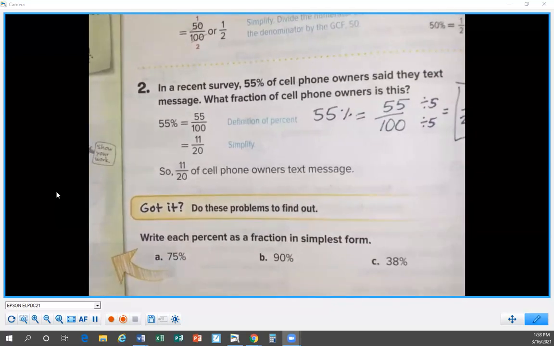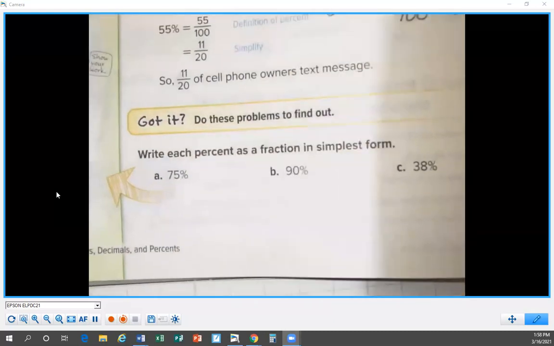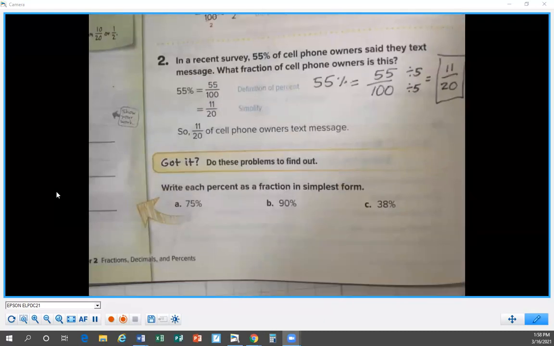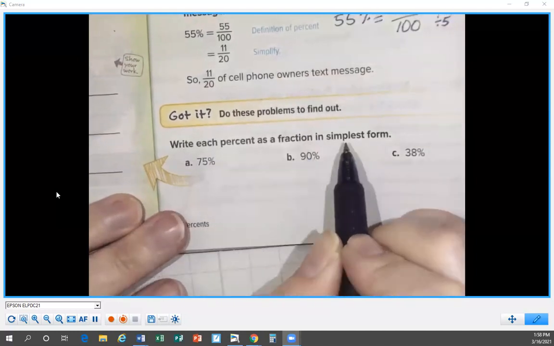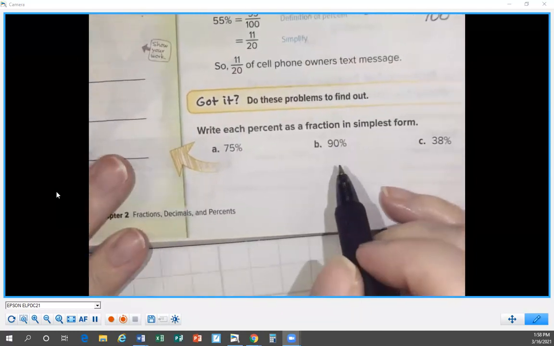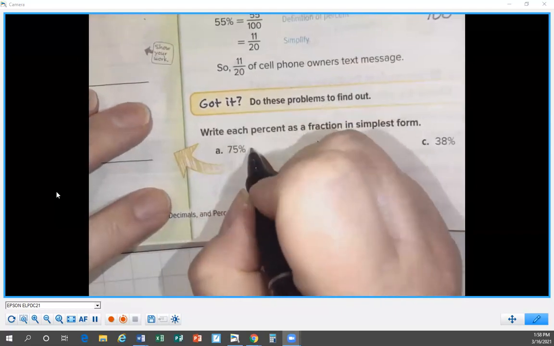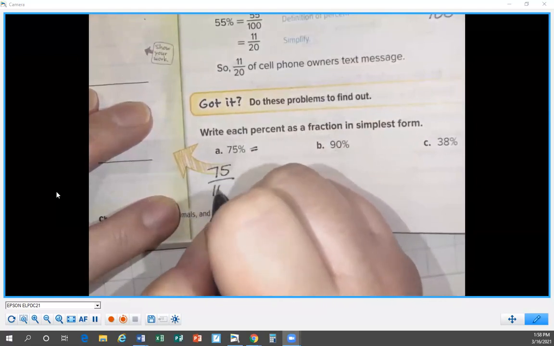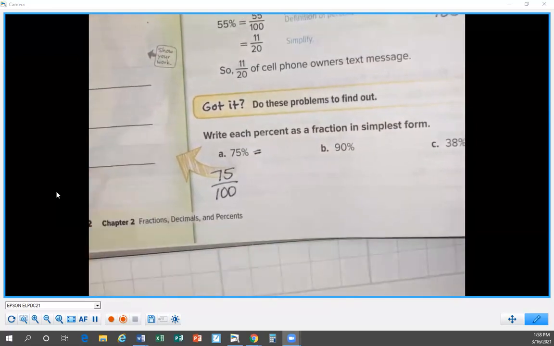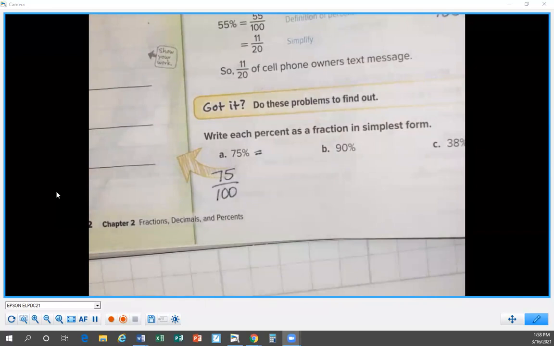Okay, let's do the same thing with Got It A, B, and C. Got It A: the directions are to write each percent as a fraction in simplest form. Let's start with A. 75% is the same thing as 75 per 100, because percent means per 100. So with 75 and 100, I can think of a number that they are both divisible by. What's the greatest common factor of 75 and 100? 25.